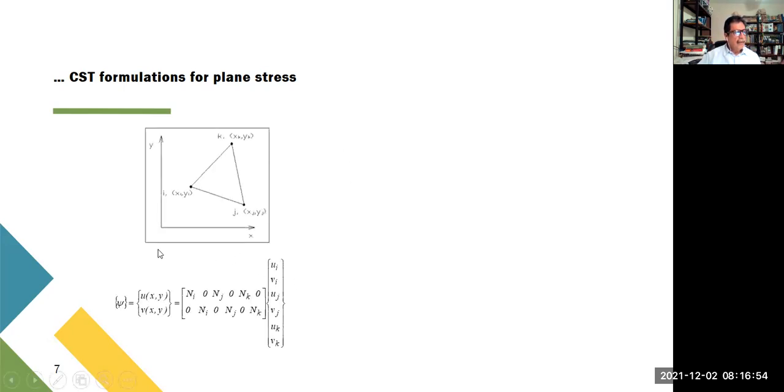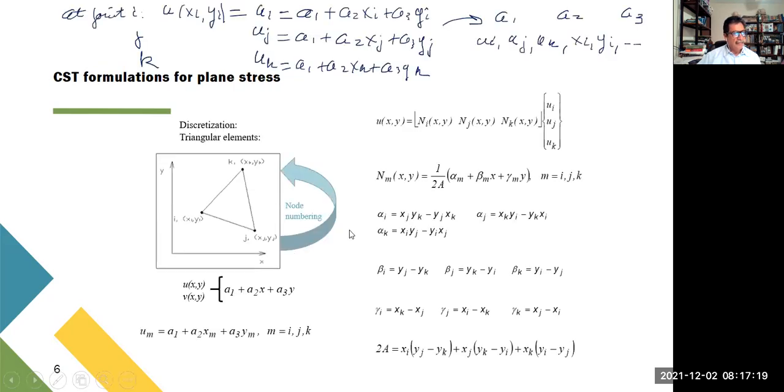So we can express the first line here. This depends on x and y, and similarly for this and that. And this is what we had before.